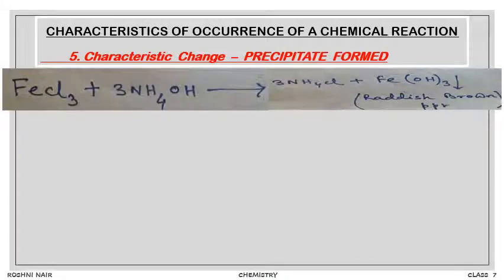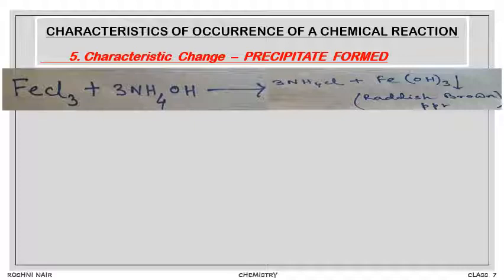One more I will show you, that is FeCl3, or iron chloride, when it reacts with NH4OH. NH4 is ammonium, ammonium hydroxide, I'm sorry. So FeCl3 is iron chloride when it reacts with ammonium hydroxide NH4OH.